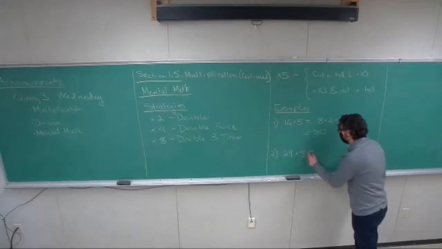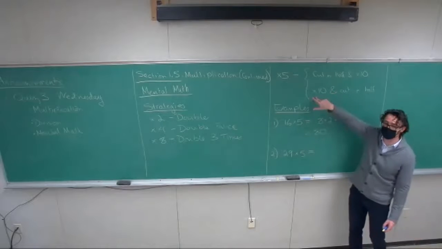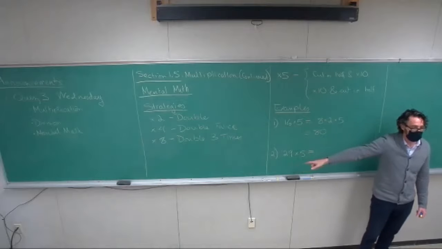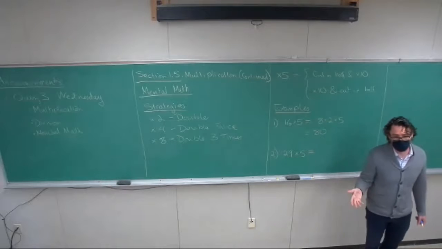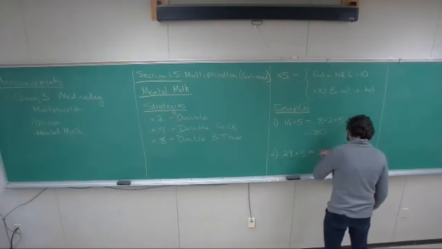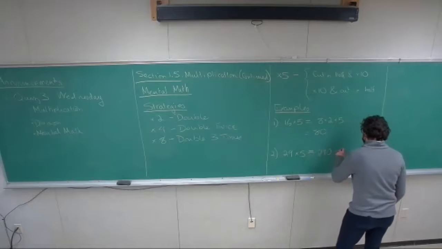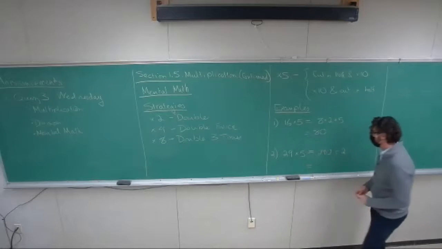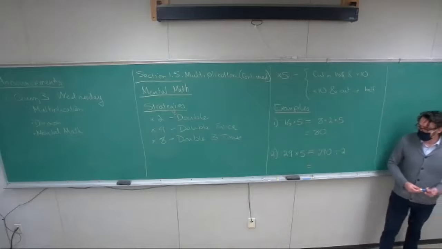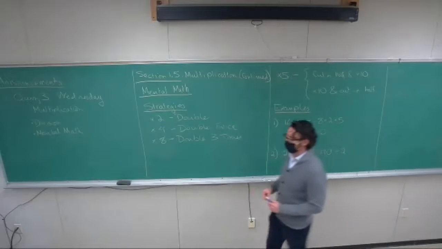Okay, well, the reason that we got to go to this is we can't cut 29 in half. It's odd. So what we do is multiply by 10, 290. Then cut that in half. Okay, so 290, cut that in half, and let me think here.